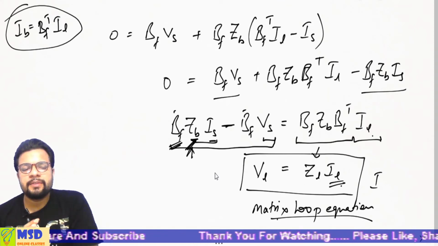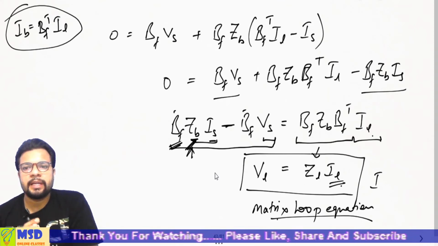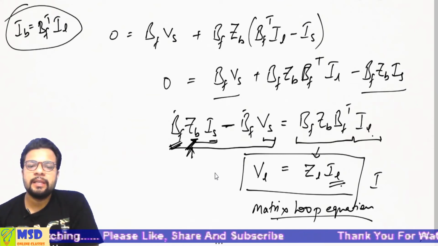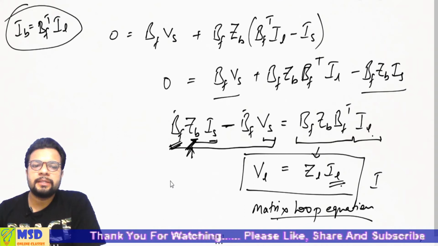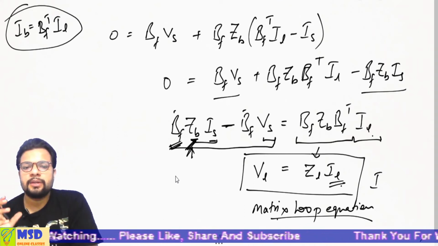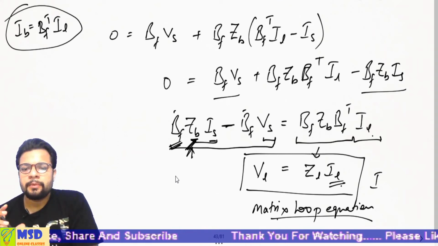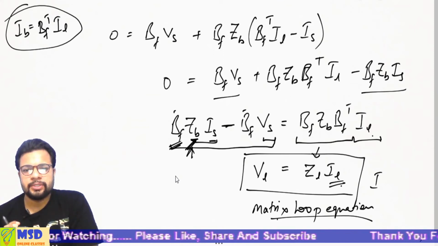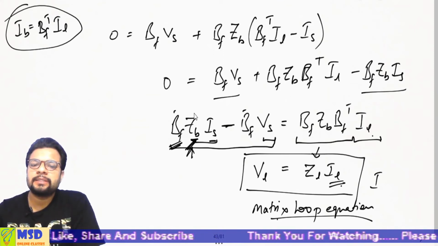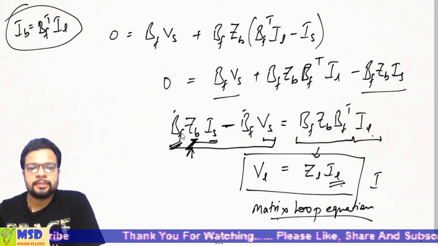If there is any mutual coupling between any two branches in the network, then it is not a diagonal matrix. Non-diagonal elements may also be non-zero, but only in case of mutually coupled branches. Clear? Otherwise, it is going to be a diagonal matrix.